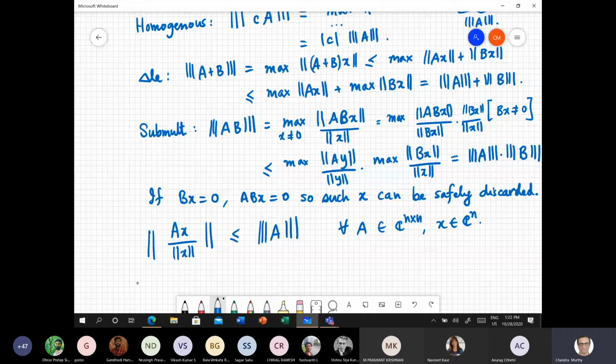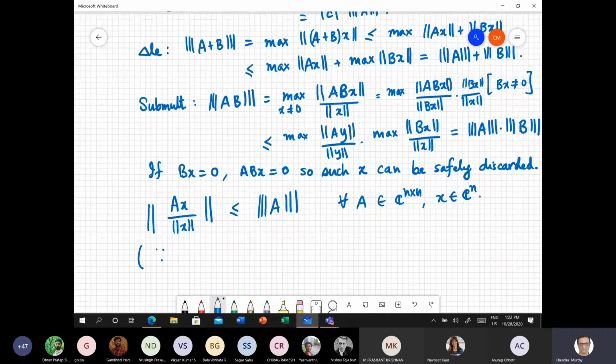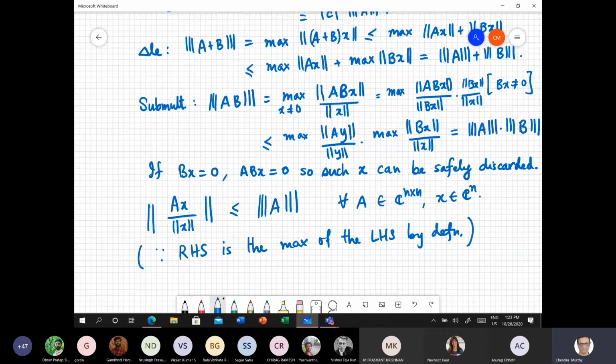And so I'll write that just for completeness. The RHS is the max of the left hand side by definition. So the maximum of a certain function is always greater than or equal to the value attained by it at any particular point. So this of course assumes that x is not equal to 0, but clearly this inequality is valid when x equals 0 also.